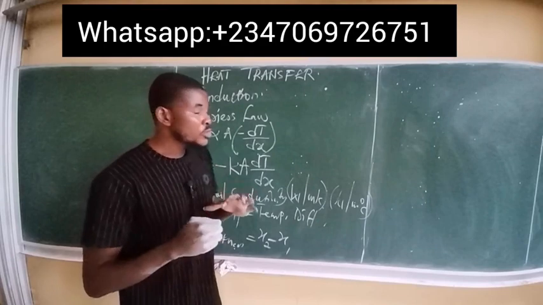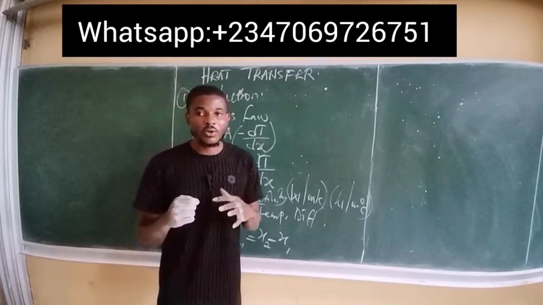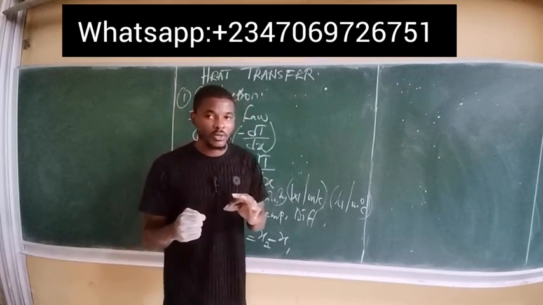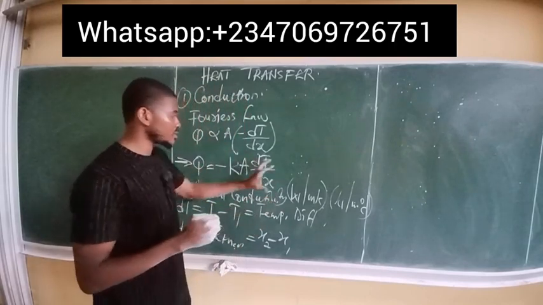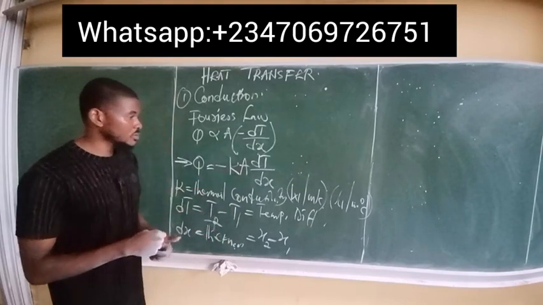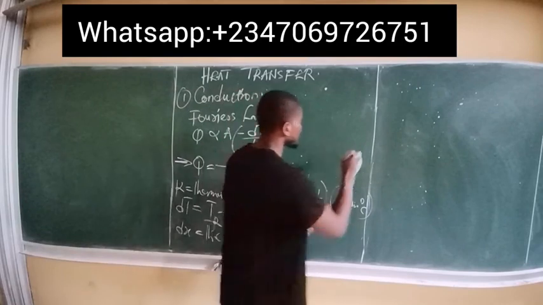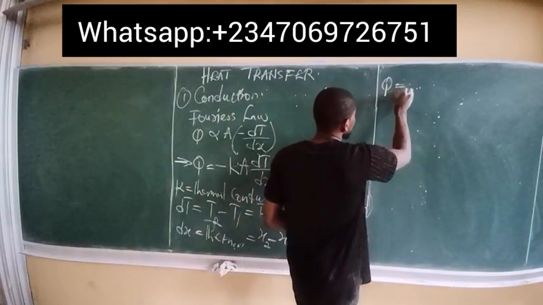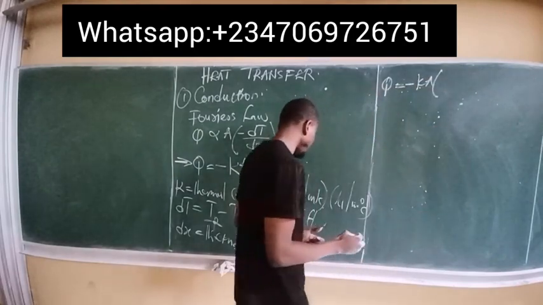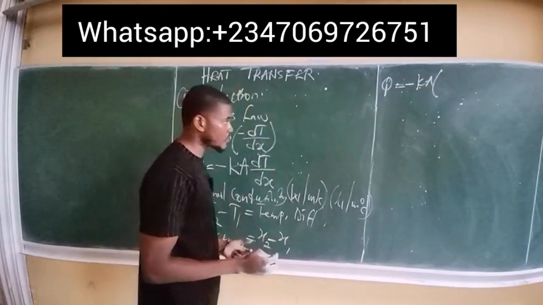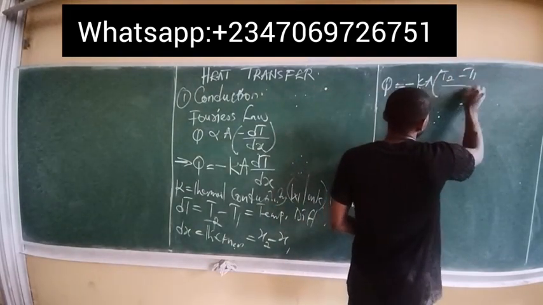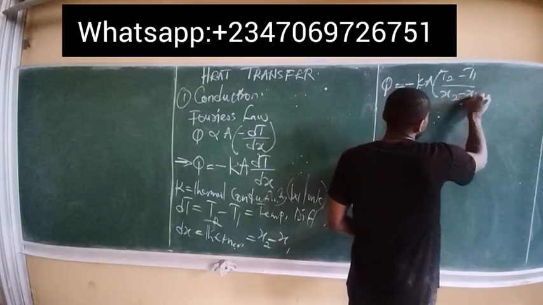So the law that governs the mode of heat transfer by conduction is Fourier's law, and it has this equation. If we put these into the equation, the heat transferred Q is equal to minus kA times (T2 minus T1) over (x2 minus x1).